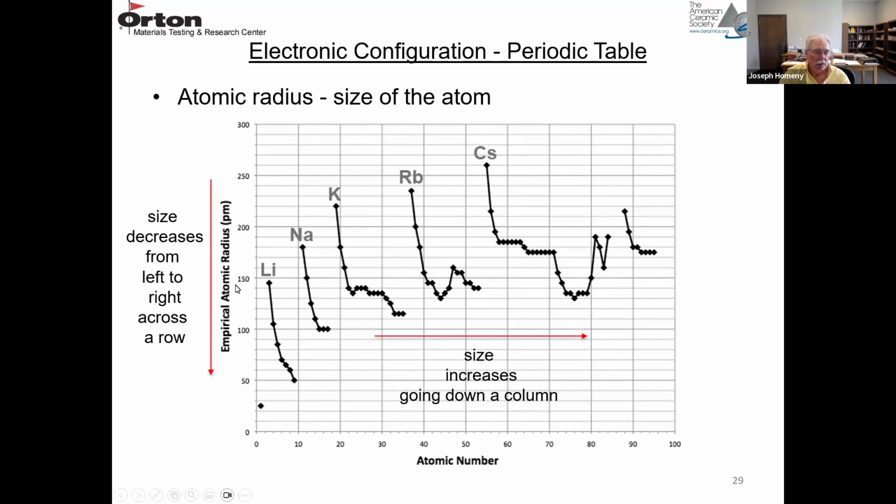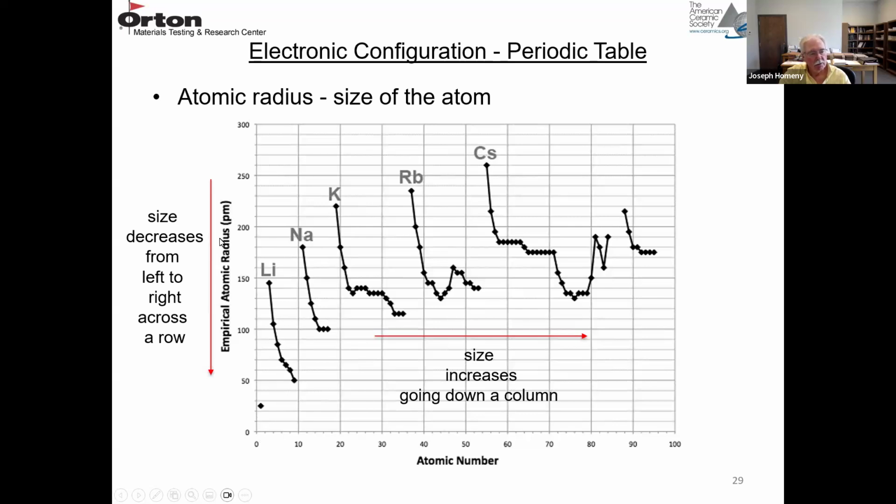So this table is atomic radius in picometers from 0 to 300, and then atomic number from 0 to 100. There is no 0, it starts at 1. And this is lithium, sodium, potassium, rubidium, and cesium.